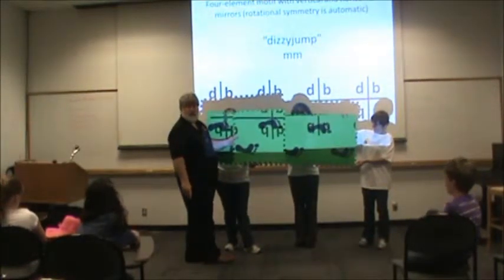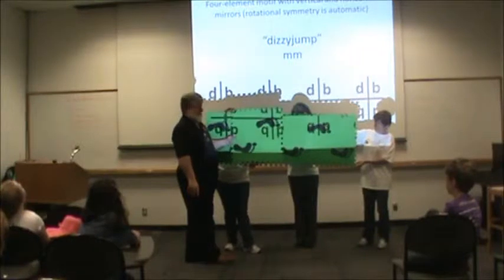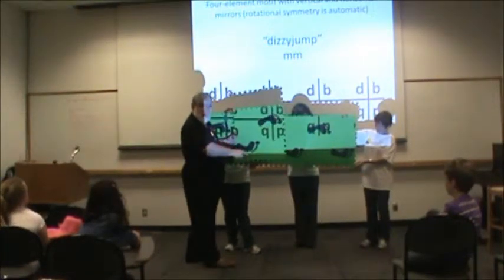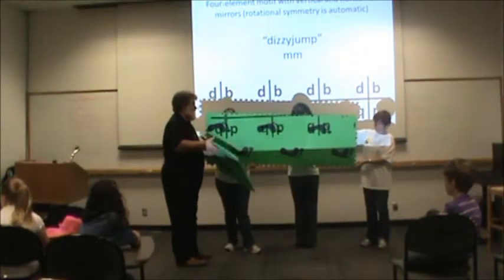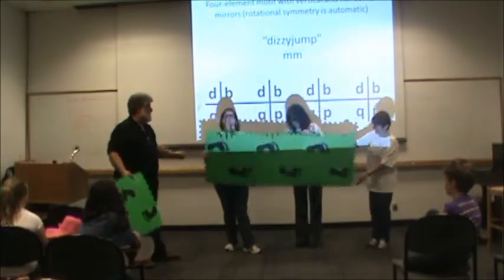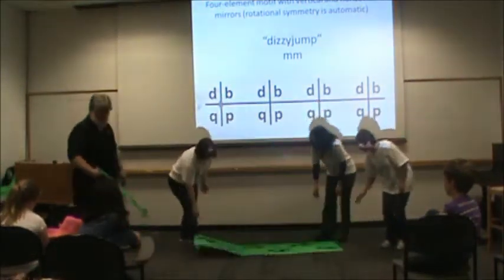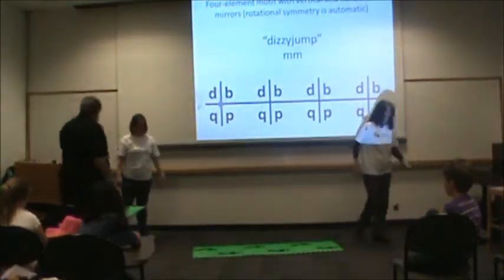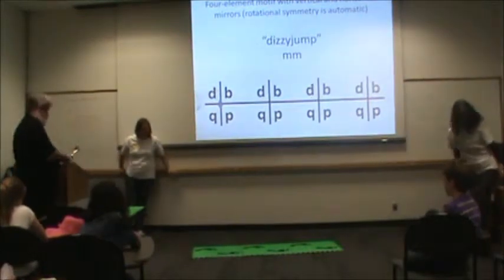That's called the glide. And it's not that hard to do because you can just do it walking. So that would be important. That's a new pattern that emerges because we're doing the frieze.